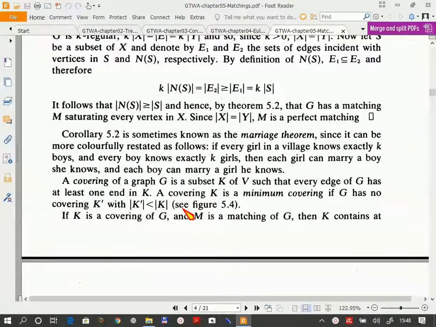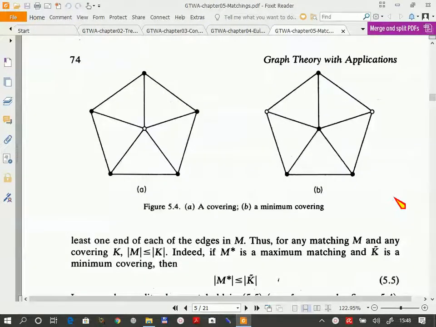Where is this idea of covering useful? I give you a very low-level idea, but you might try to translate it into your own professional experience. The idea is you have a painting exhibition.